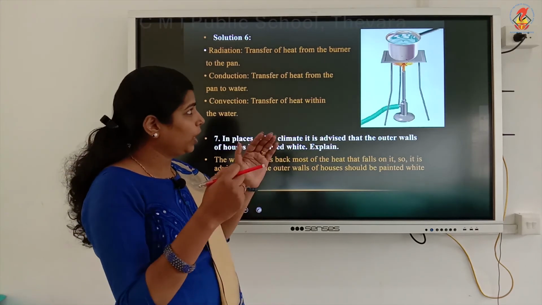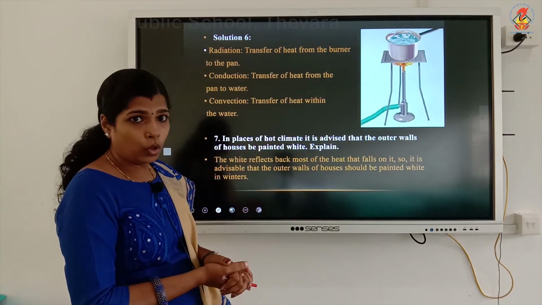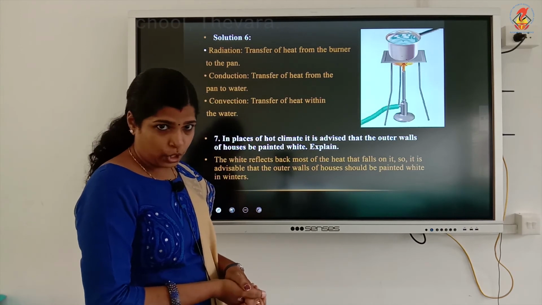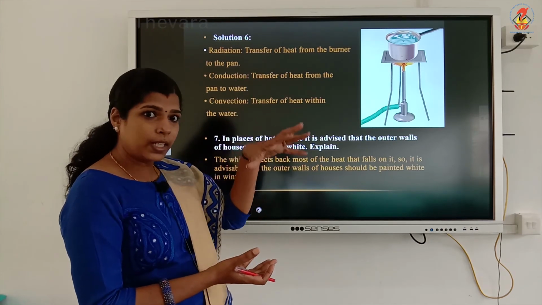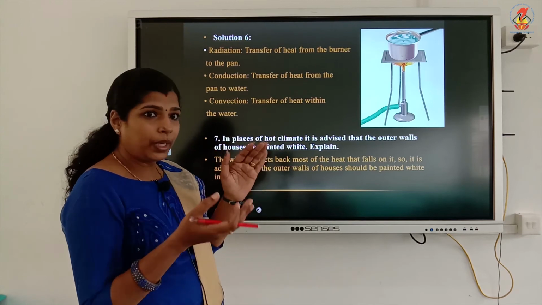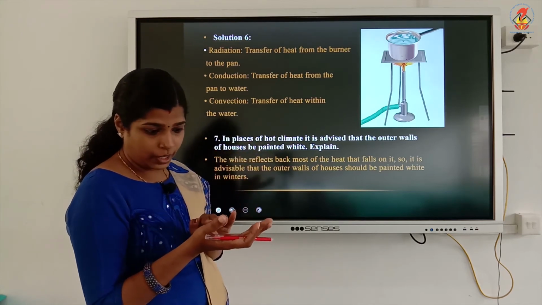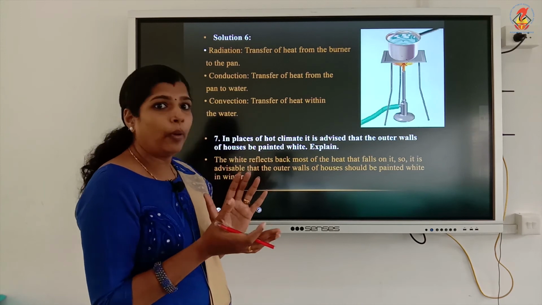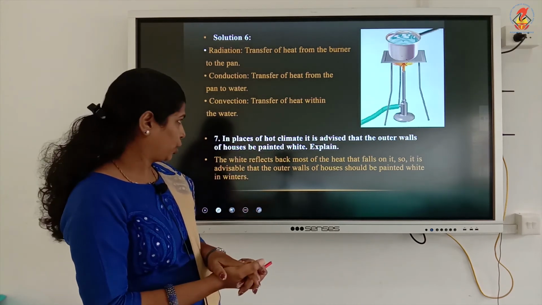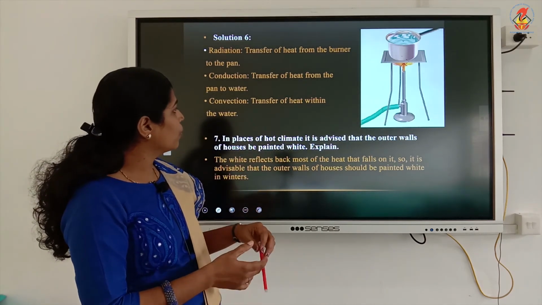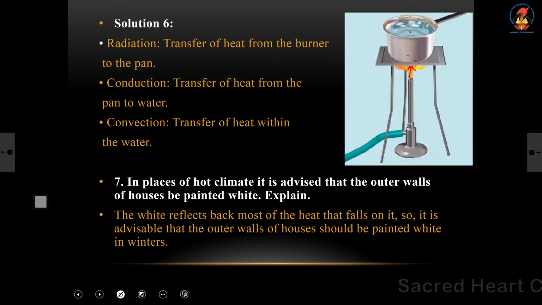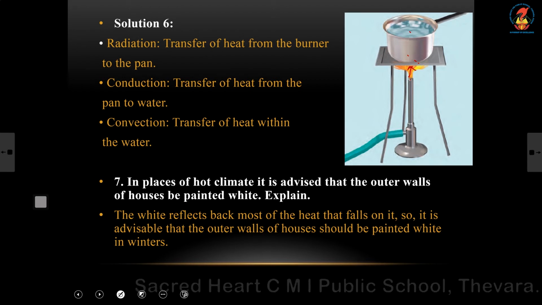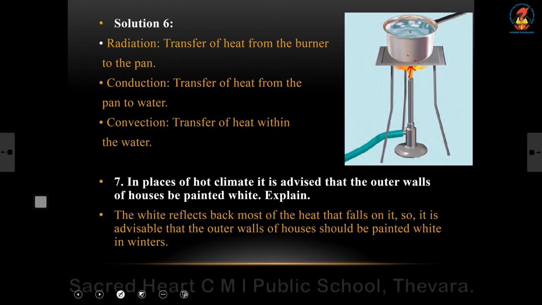So, when you heat any object, it will become hot due to radiation. If anything is kept inside that vessel, it will become hot due to conduction, and the water will become hot due to convection. In places of hot climate, it is advised that outer walls of houses be painted white, because white color reflects more heat.